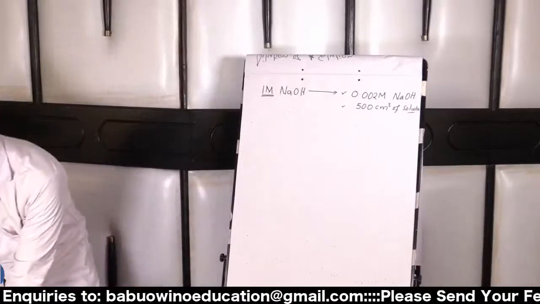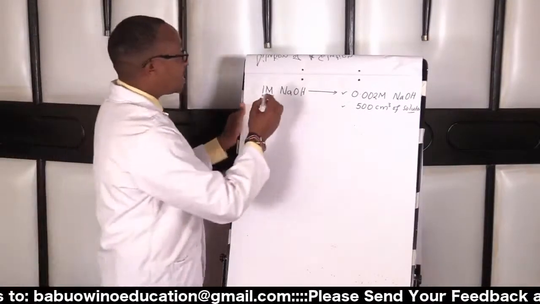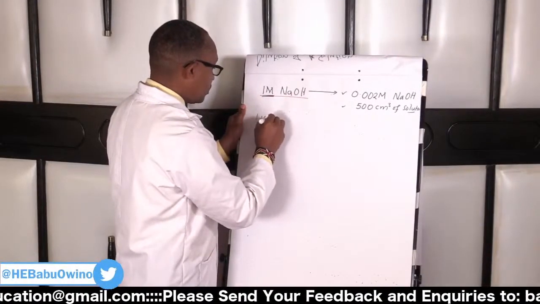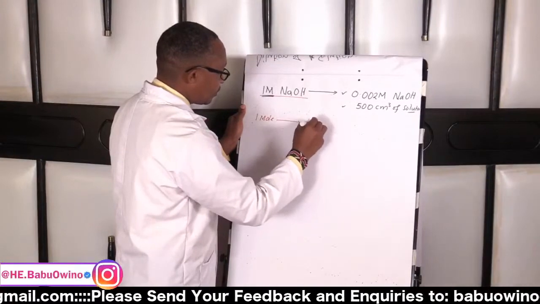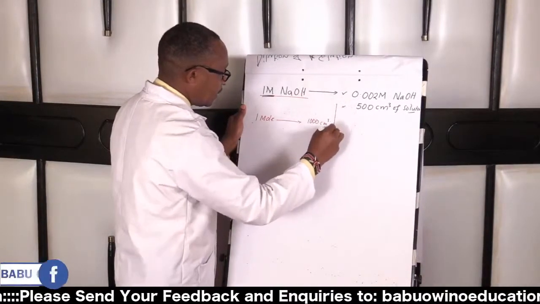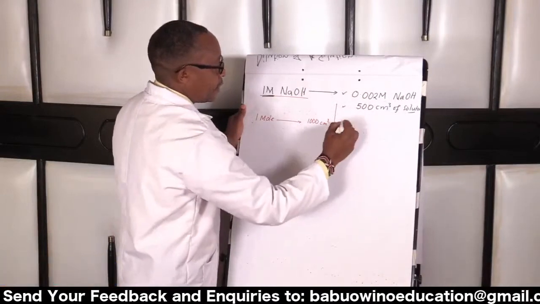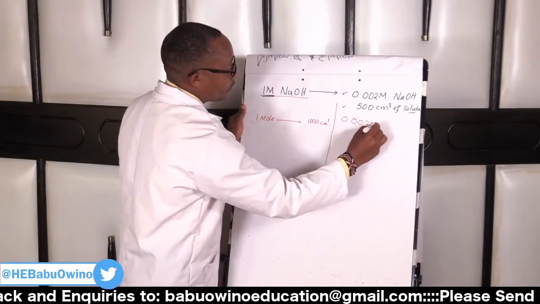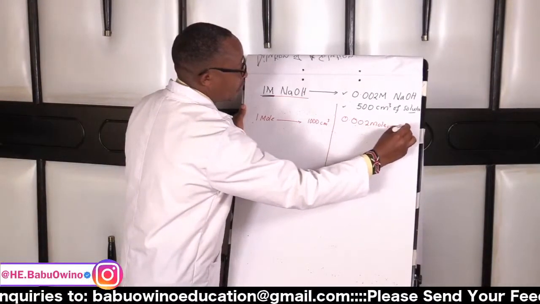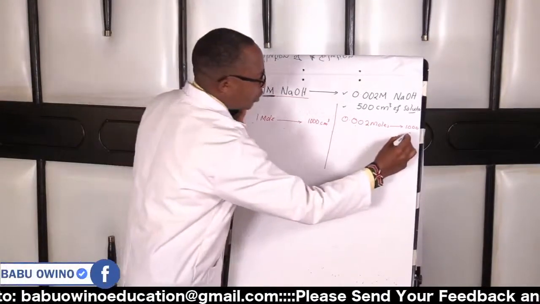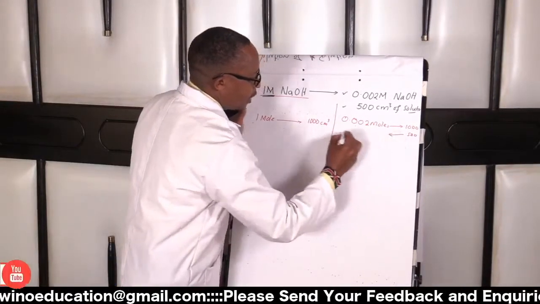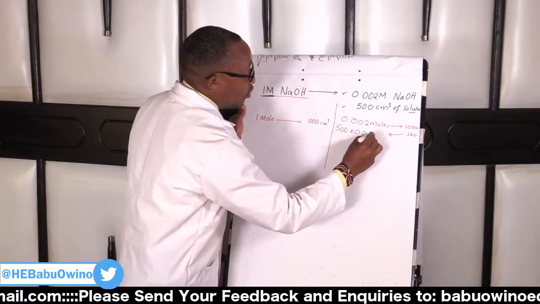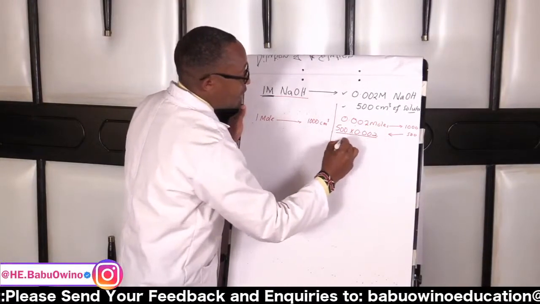Now in this case, this is what we do. We are saying here that 1 mole is in 1,000 centimeters cubed. And here we are saying this is 0.002 moles in 1,000 of the diluted solution. What about 500? I'm going to say 500 times 0.002 divided by 1,000.